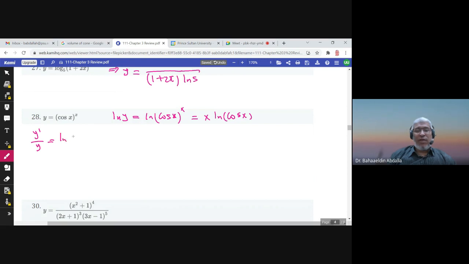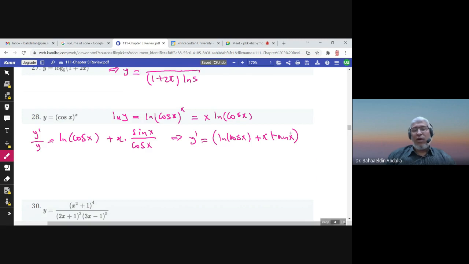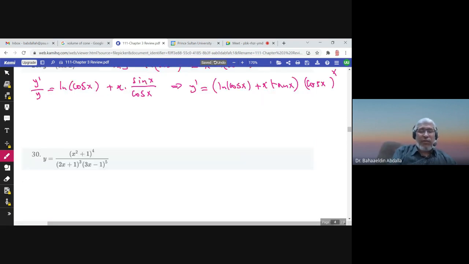Derivative of x is 1 plus x times derivative of ln cosine, which is 1 over cosine, times derivative of cosine, which is negative sine. So y prime would be ln cosine x plus x times sine over cosine. I can write it tan x, and I'll multiply all of this by y, and y is cosine x to the power x. So this is the derivative.